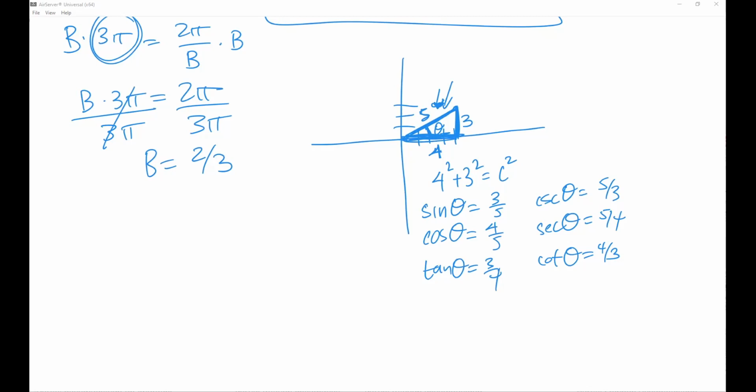Why don't you guys try this? Radical 3 over 2, and the sine is greater than 0. Why don't you try it yourself right now? Let's try to find the tangent of this right here. I want to make sure you guys get this.